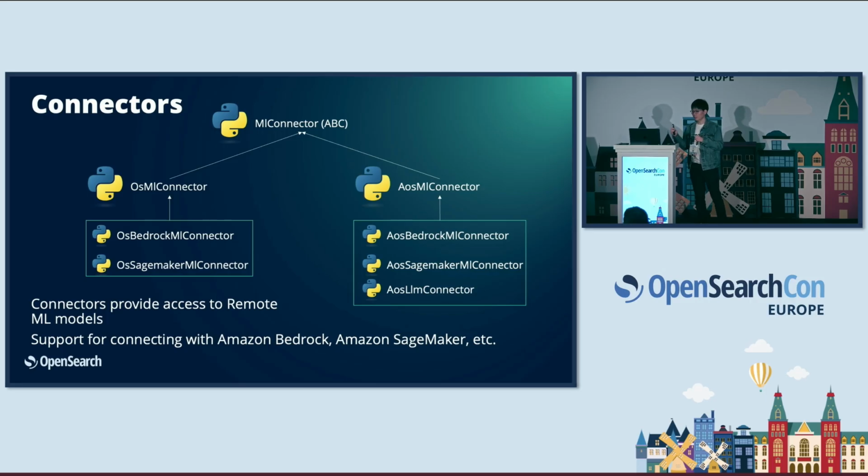For Open Source OpenSearch, the credential is actually a pair of access key and secret key so that you can have access to the Bedrock or SageMaker model. For Amazon OpenSearch Service, the credential is actually a resource identifier, namely the ARN of the resource you are looking for. It can be either the ARN of the Bedrock model or a SageMaker endpoint.